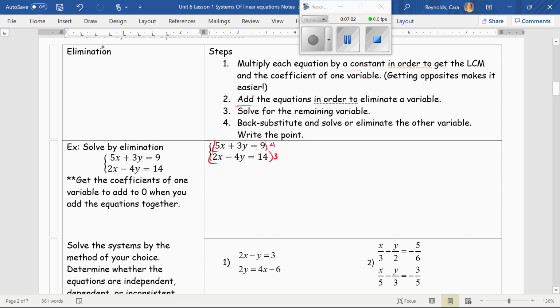So I need to multiply by whatever will make them 12. This needs to distribute to everything, or it's no longer a proportional equation. So 20x plus 12y equals 36, every single term. And then down here I have 6x minus 12y is equal to 42.